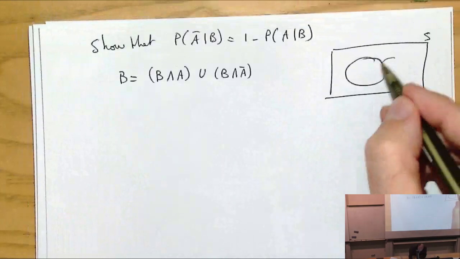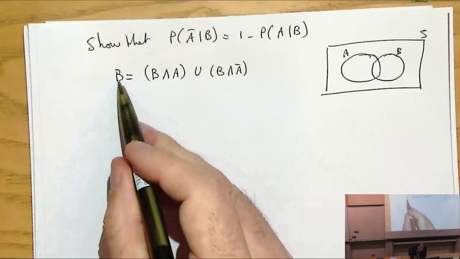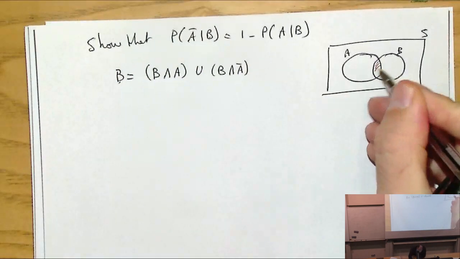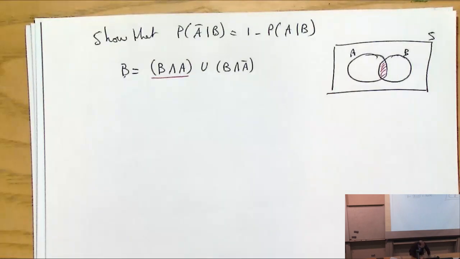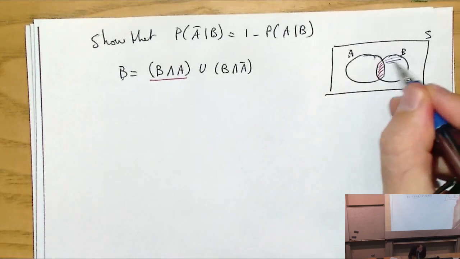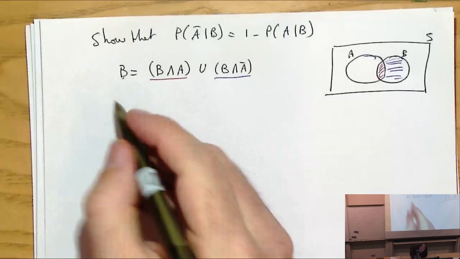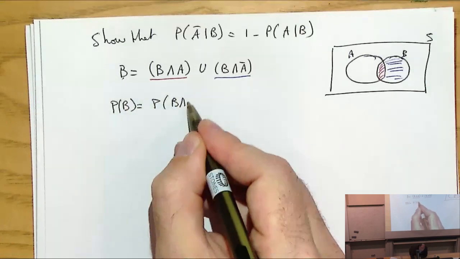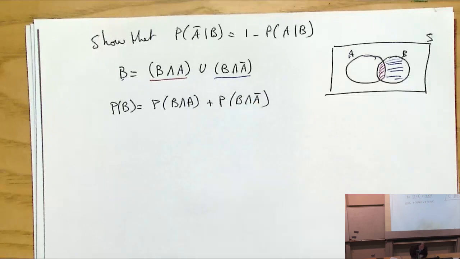So you have A and B. I'm saying again B intersection A is this part, and B intersection not A is this part here. So now I can write P of B is equal to the probability of B intersection A plus P of B intersection not A.